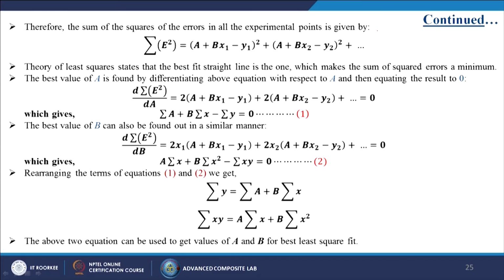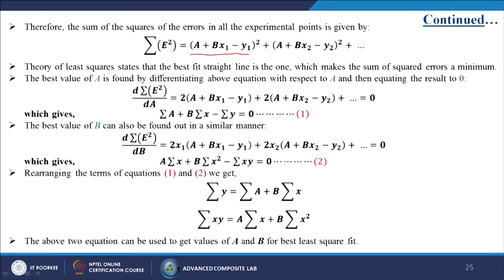Therefore, because now we have to add all of these, the sum of squares of errors in all the experimental points is given by summation of E square is equal to (a plus bx1 minus y1) whole square plus the same for x2 y2, and so on up to xn yn. The theory of least squares states that the best fit straight line is the one which makes the sum of squared errors a minimum.